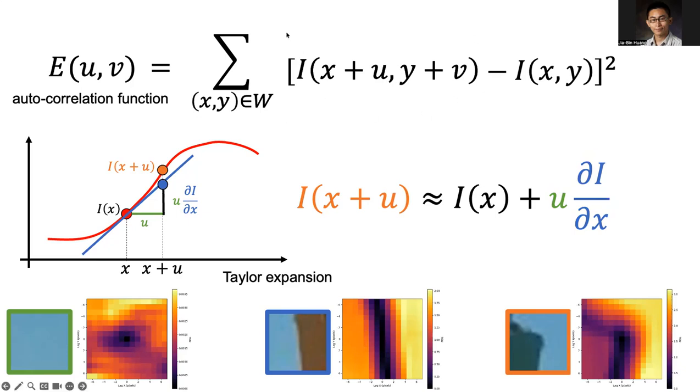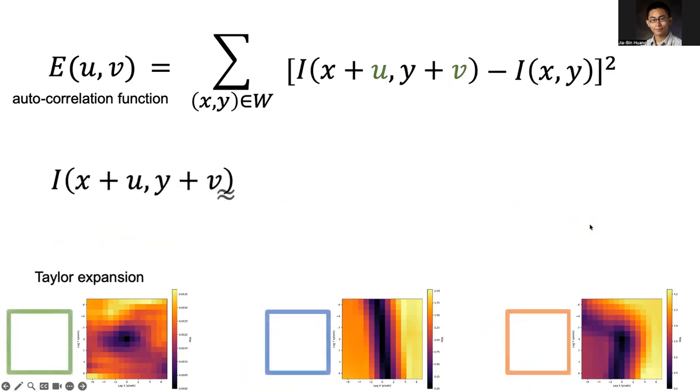It's basically this term, the first term. I want to approximate this term, but this is just a 1D case. So this just says that I can approximate I(x+u) equal to this term. A two-dimensional case is also similar.